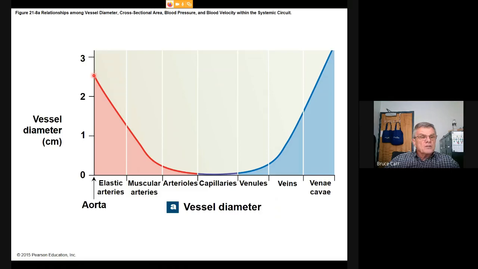We start with the biggest vessel, 2.5 centimeters, around an inch, for the aorta, and that diameter, as we branch through the elastics, muscular, and arterioles, we reach such a small diameter that we are talking about a millimeter or less for the smallest arterioles. Of course, as we said, the capillaries are the smallest blood vessels of all. Purple is where all of the exchange is occurring.